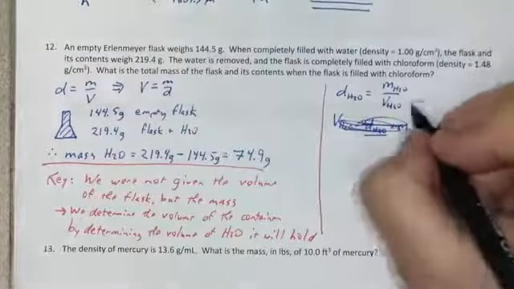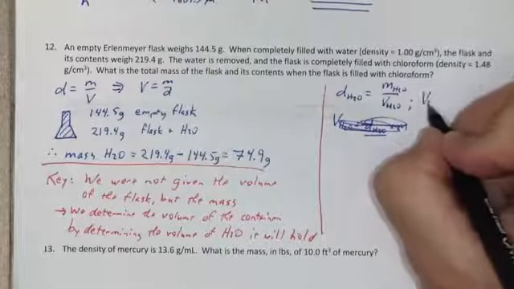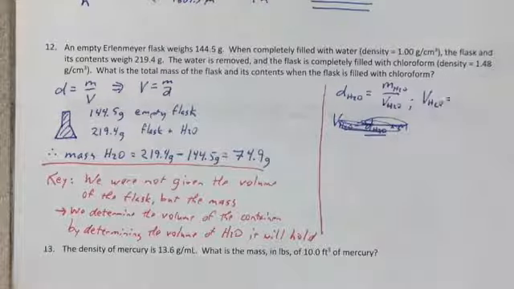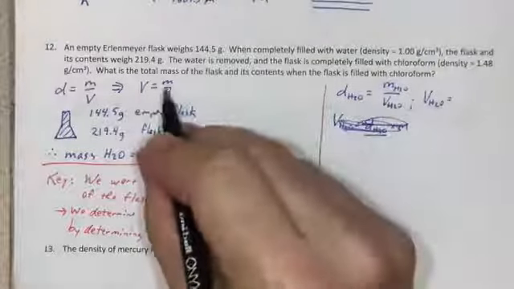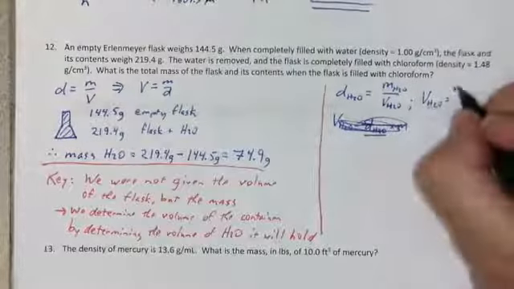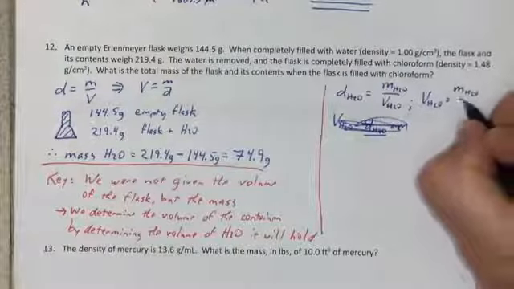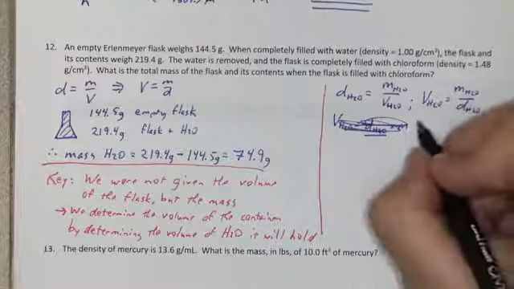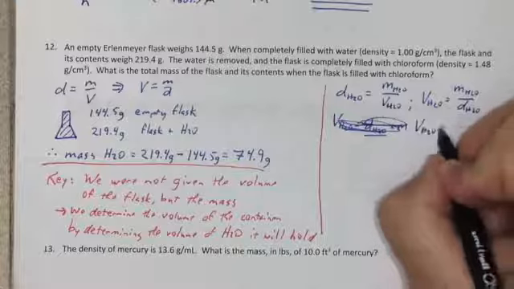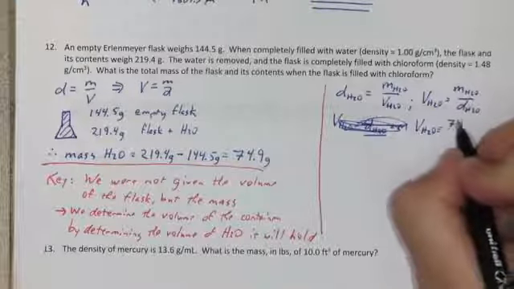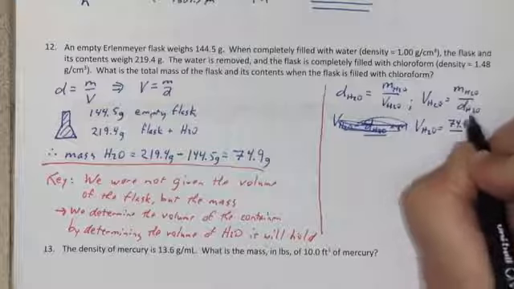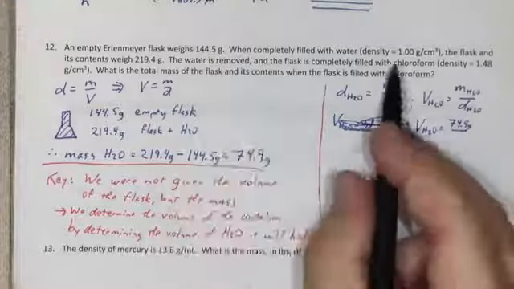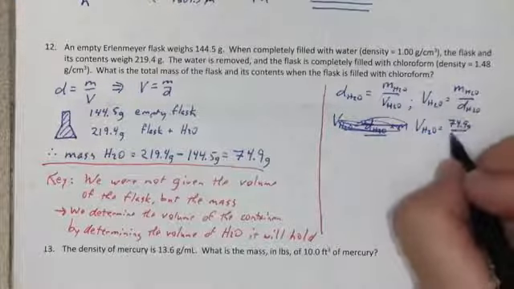Volume is equal to mass over density. And so the volume of the water is equal to the mass of the water over the density of the water. So the volume of the water is equal to the mass, 74.9 grams, divided by the density of water. We're given that the density of water is 1 gram per cubic centimeter.